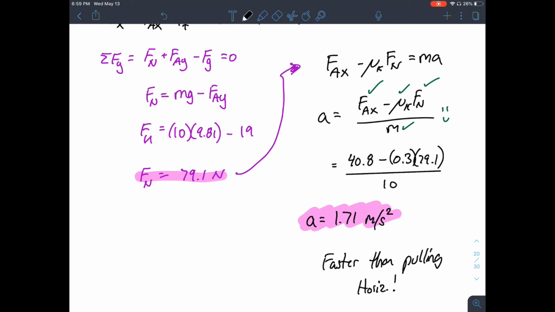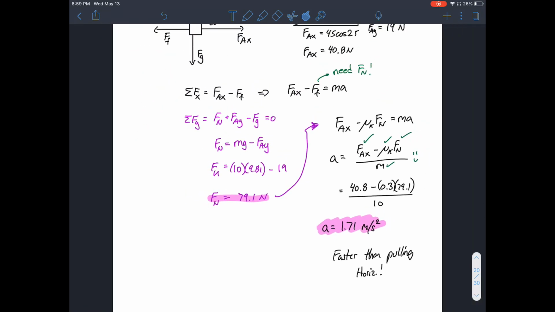But if we pull too much vertically, we're going to lift this box up and we're not going to be able to go anywhere. So there is definitely a boundary of what angle you can pull at to still be an advantage to you, which maybe we could calculate. Maybe I could give that to you on a quiz. I'm not really sure at this point, but that's a nice introduction to friction.